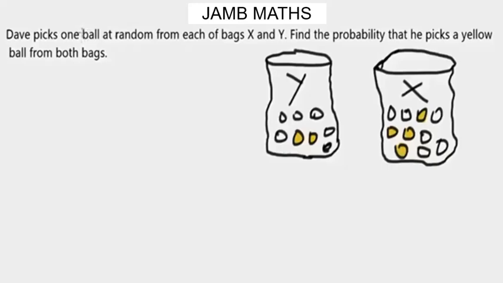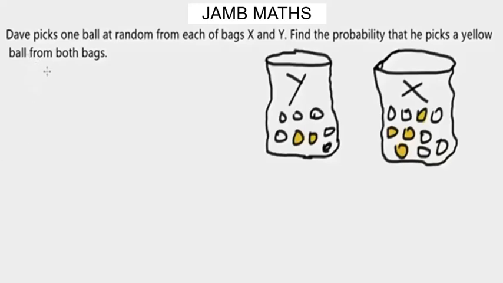For the and rule, when the events happening are independent, we can apply this formula. The probability of events A and B both happening will be equal to the two separate probabilities multiplied together.